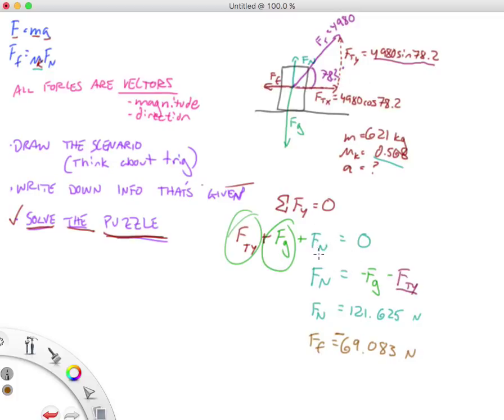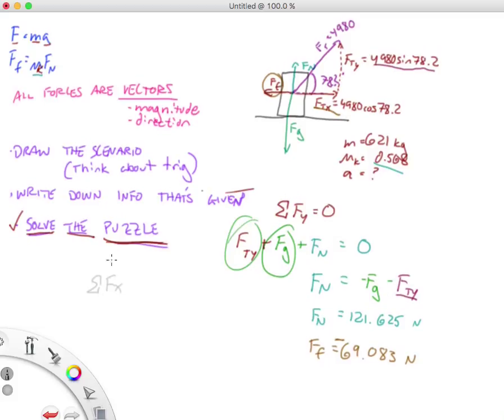Okay, now, since we know what this force is here, and we know what this force is here, we can figure out in the x direction what the force should be. So let's look at the x direction here. This is the force in the y direction, but if we look at the sum of the forces in the x direction, it will be mass times acceleration.